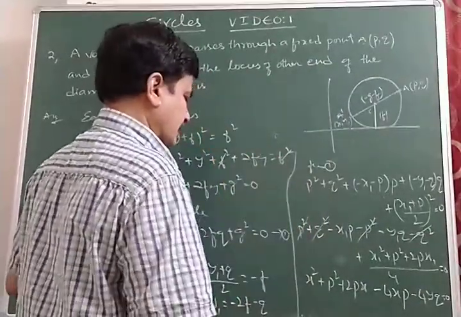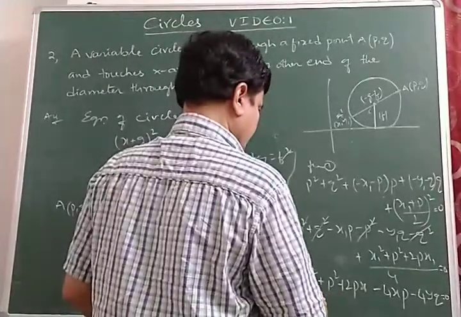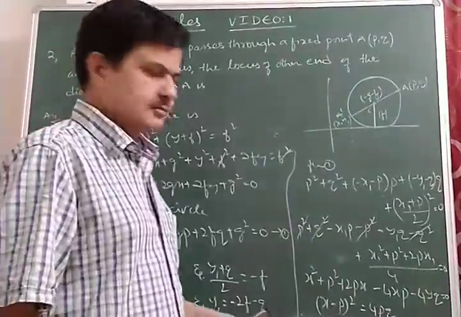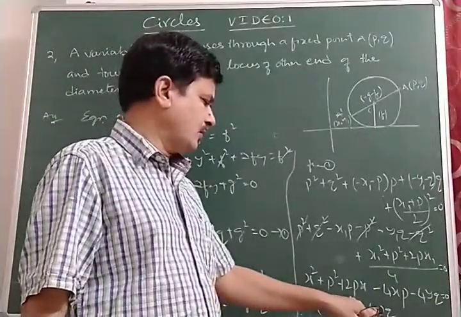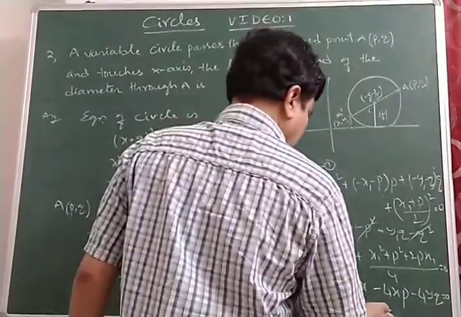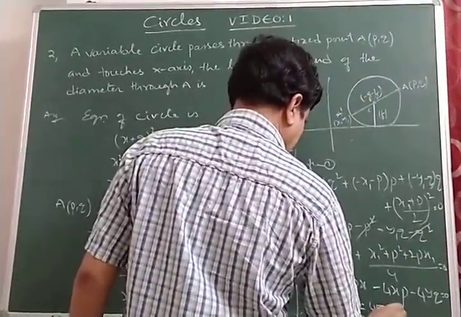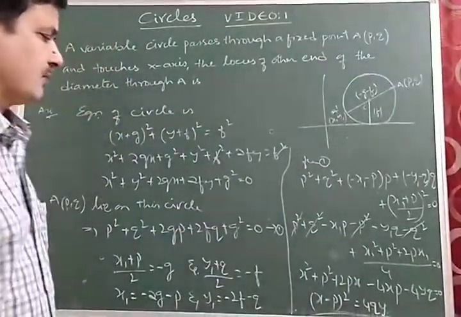Now we take it as (x minus p) whole square equals 4qy. 4qy is the required locus of (x1, y1).